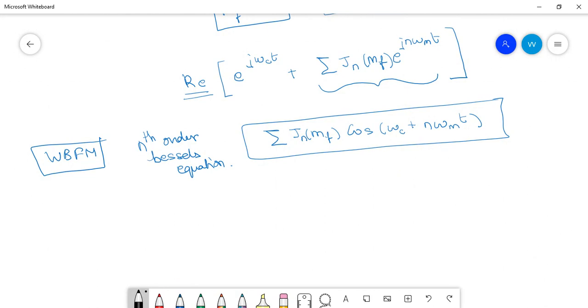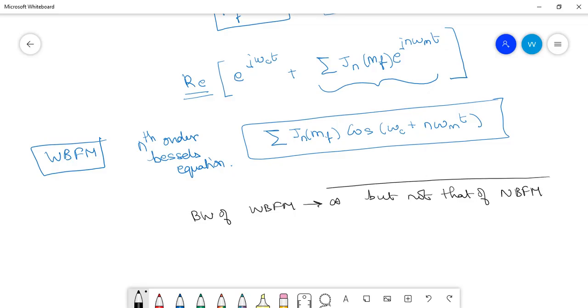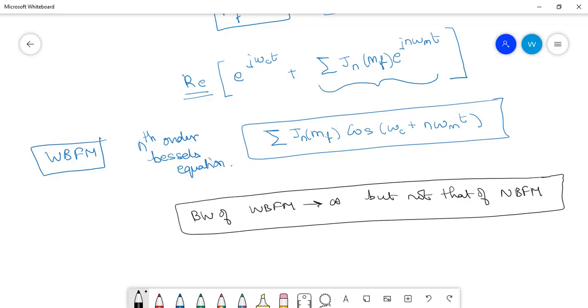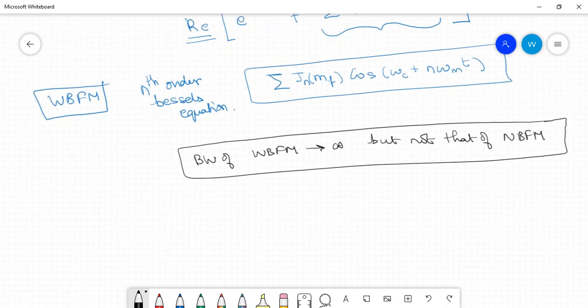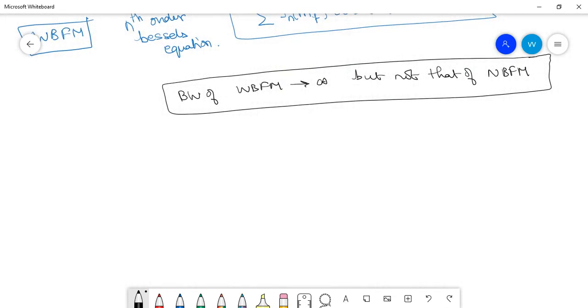So we can say that the bandwidth of wideband FM basically tends to infinity, but not that of narrowband FM. And in narrowband FM, the bandwidth follows the rule of amplitude modulation, as the notation has the same mathematical format as double sideband with carrier, the DSB-C.